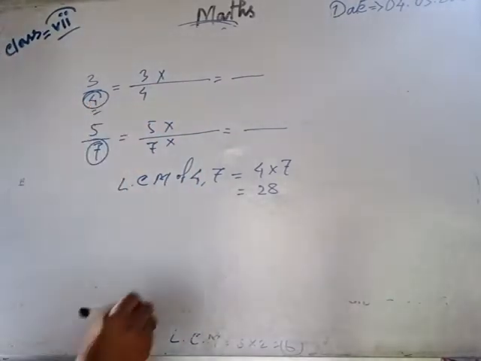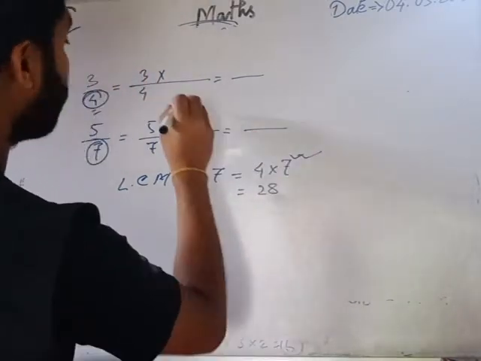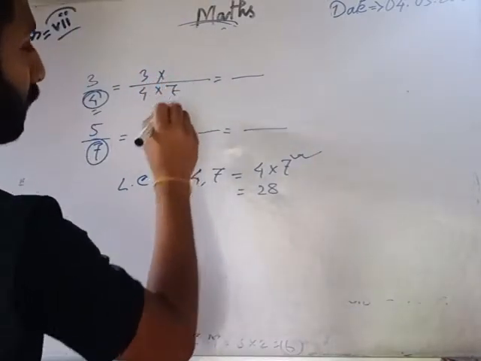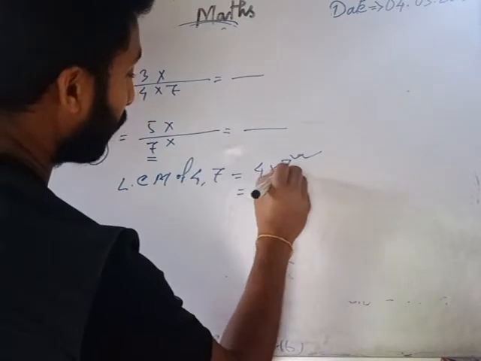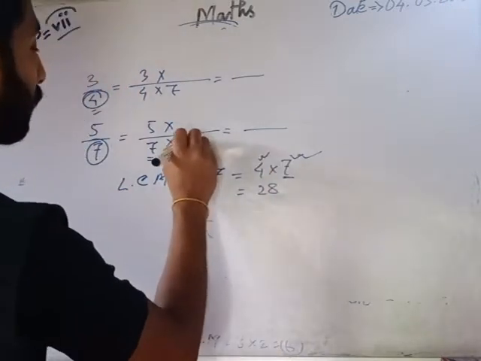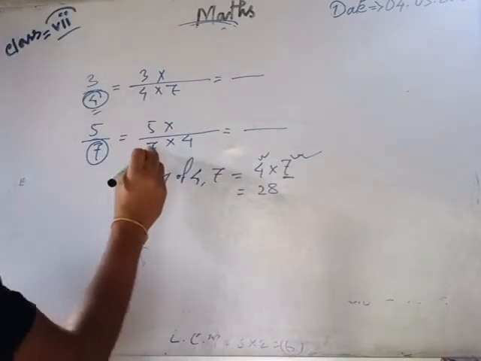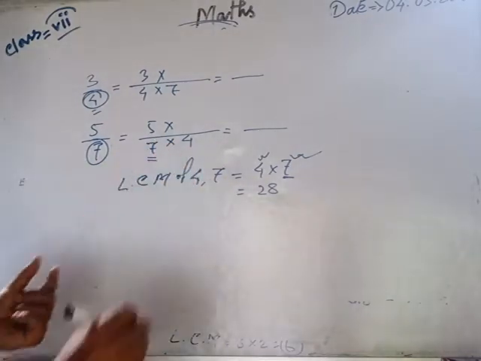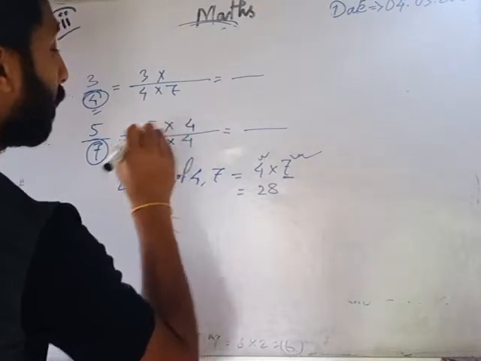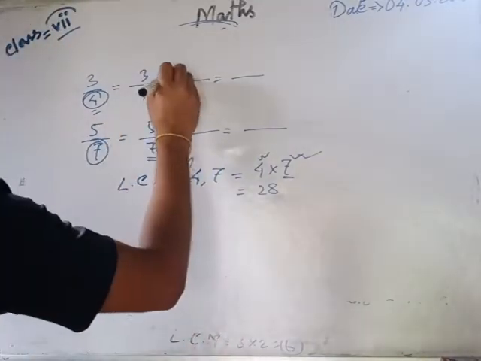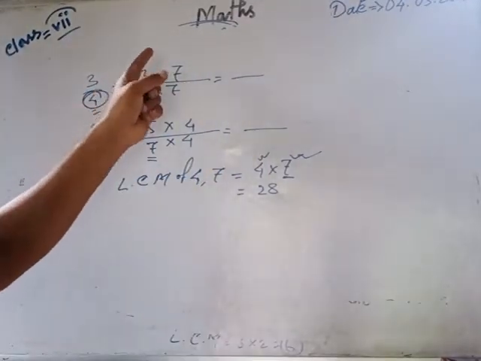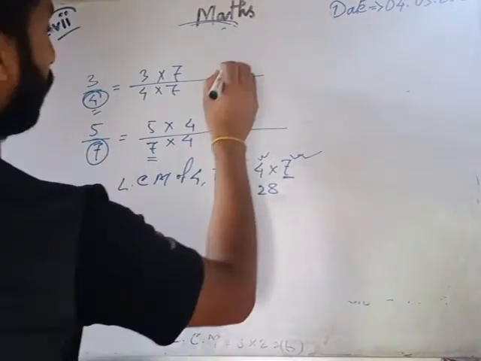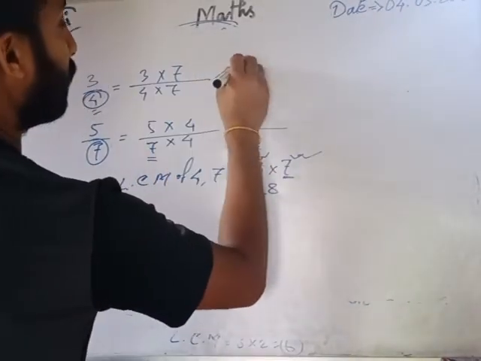If it is 4, at that time we should multiply with 7. If it is 7, at that time we should multiply with 4. If we multiply the denominator with a number, we also multiply the numerator with the same number.